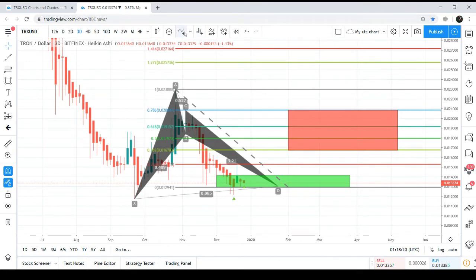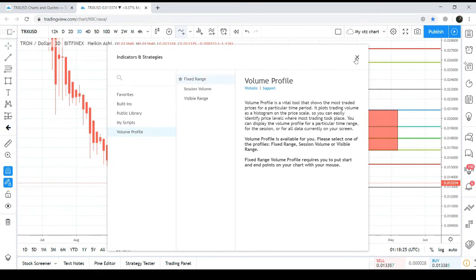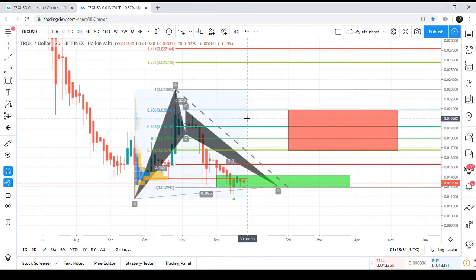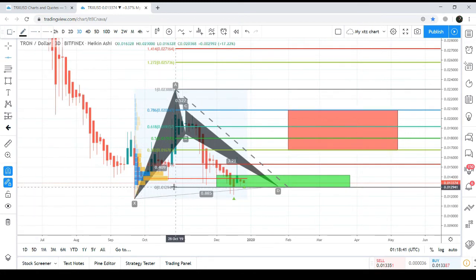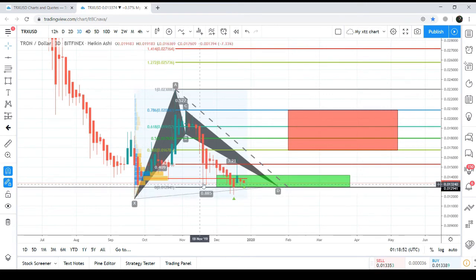And if we see the volume profile of this complete pattern, just placing the volume profile on the complete pattern, then we can see below this line, below this potential reversal zone, we have a very weak interest of the traders, and this is a very clear indication that the price action will not break down the potential reversal zone support line.